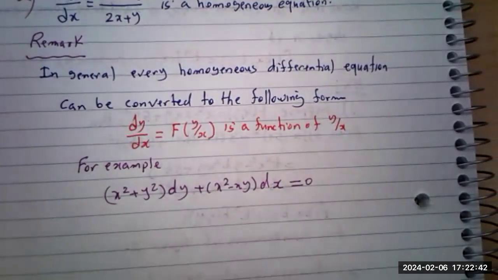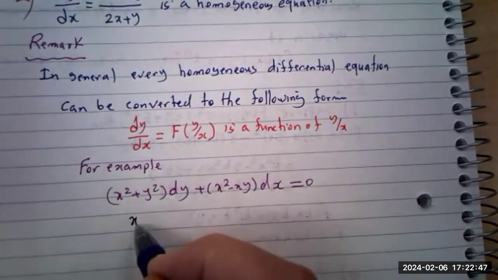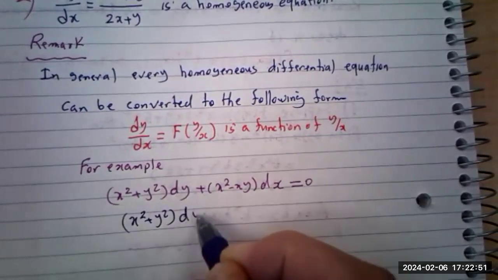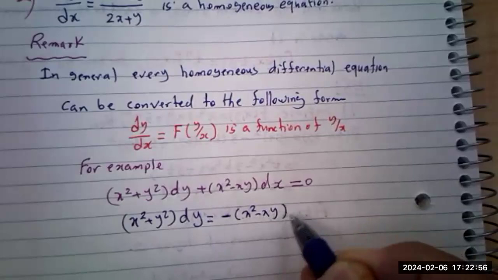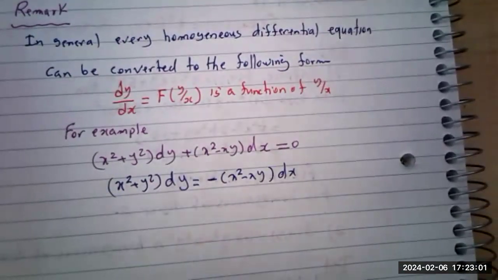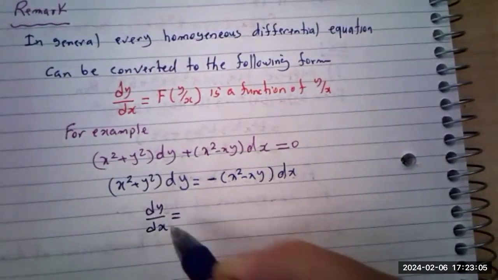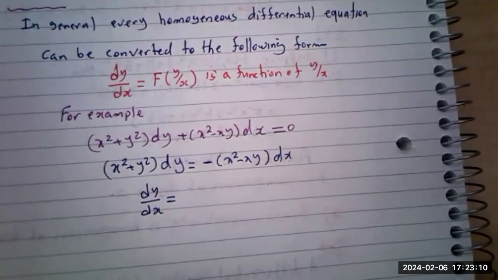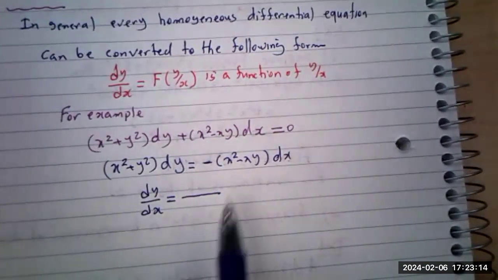So what you can do is just cross multiply, move it to the other side. This is going to be x squared plus y squared, that's a dy, equals x squared minus xy dx. Write it down as dy/dx, the standard format from your book. So that gives you dy/dx.